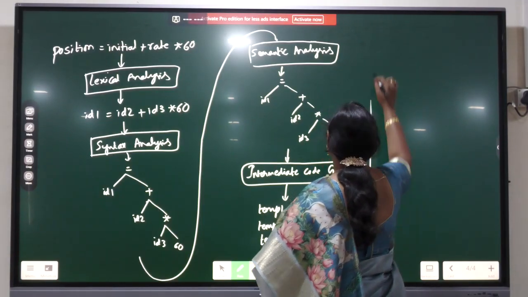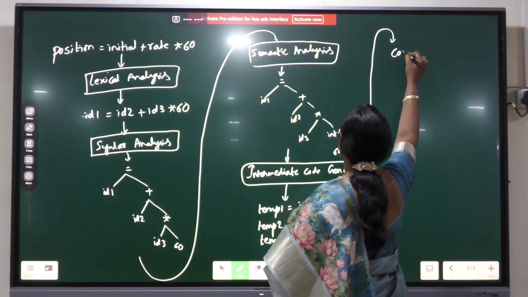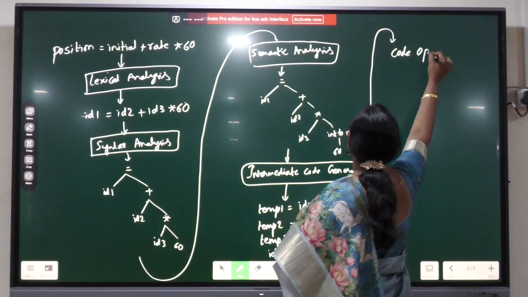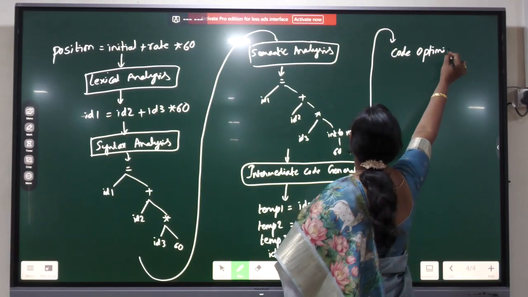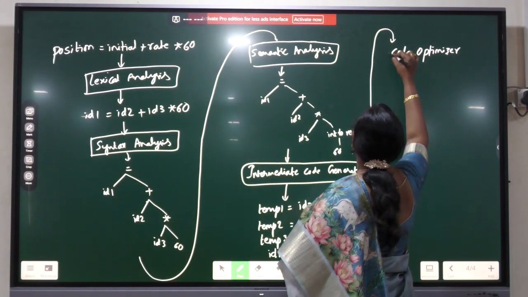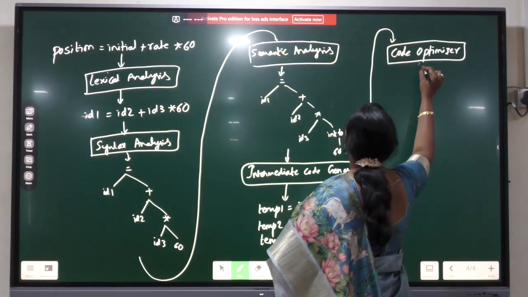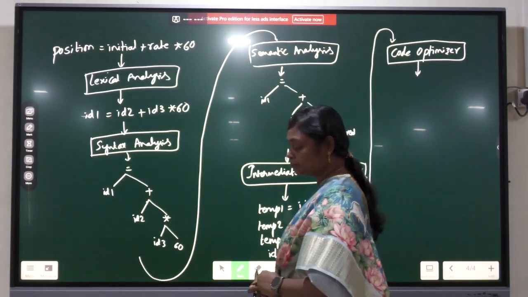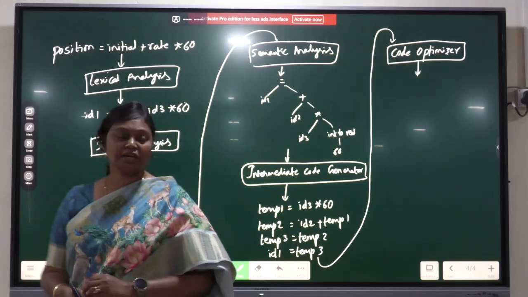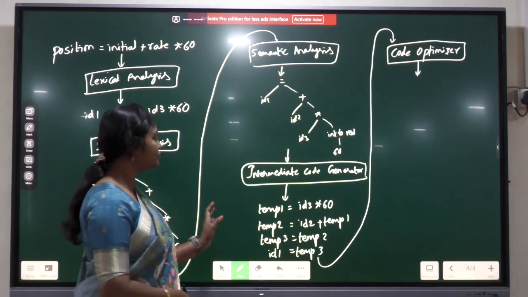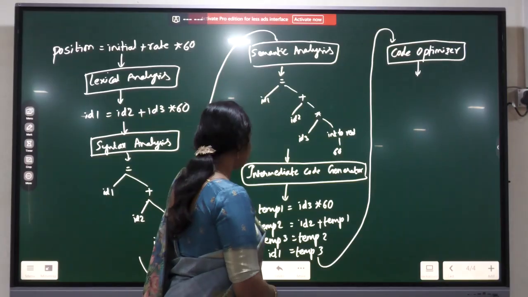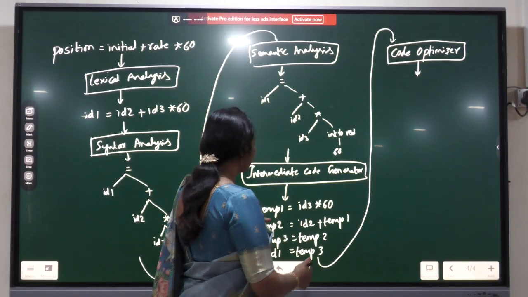Next, this will be input to the code optimizer. Here, if any extra lines are there, they will be removed by the code optimizer. So how can you write this particular program?